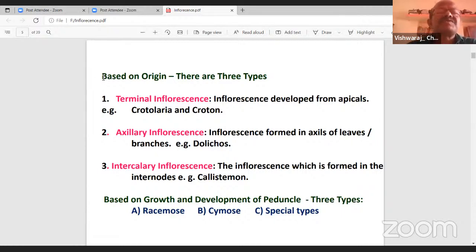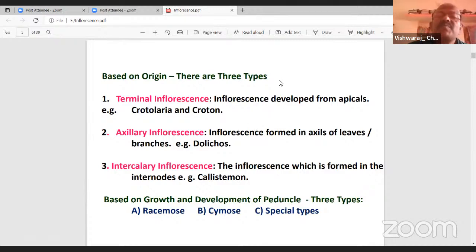The inflorescence is classified on the basis of origin. There are 3 types on the basis of origin. Terminal inflorescence is developed from the apical part. Examples are crotalaria and Sopan.